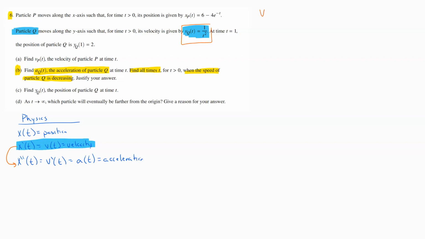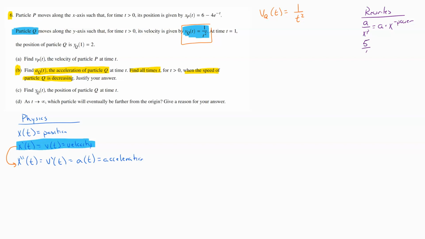So we'll start this problem off by taking the derivative of this velocity equation. So 1 over t squared. The first thing we need to do is be on the lookout for a handful of algebraic rewrites that we need to do before we take a derivative. This one here is the rewrite. Whenever you have a number over x to a power, you want to rewrite that by bringing the x up from the bottom to the top and making that power negative.